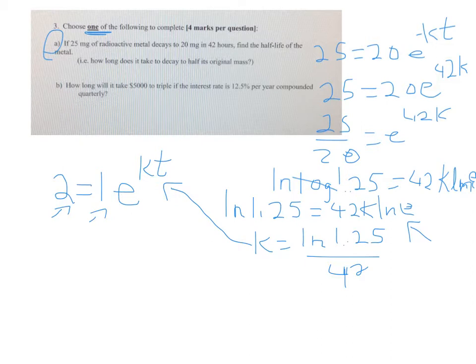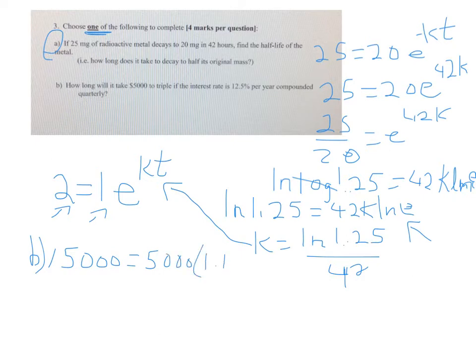So for question B, this is a growth question because you're making interest on your money. And so if we triple $5,000, what we want to accomplish in part B is we want to have $15,000 at the end. We're starting with $5,000.